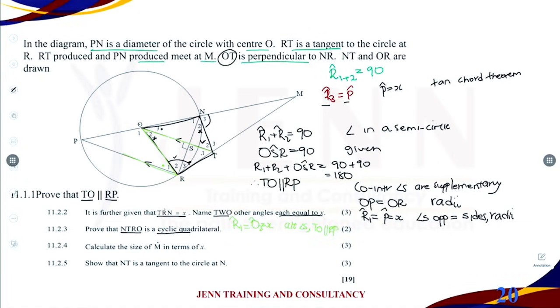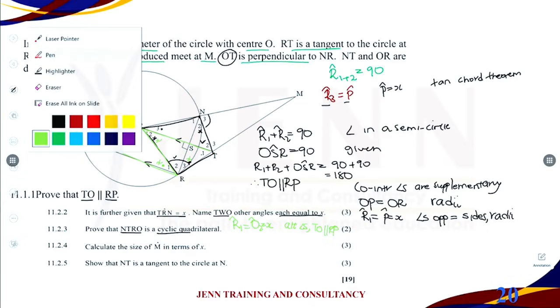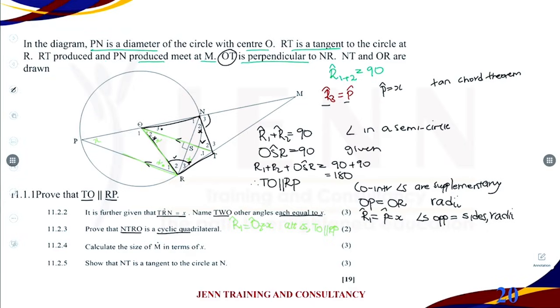Now you know that in terms of X, angle O2 is X, and angle R2 is also X. We also know that this angle is X. When I look into my diagram, I can see that in triangle POR, we mentioned that this side is equal to that side, so it is an isosceles triangle. However, we also mentioned that this is a straight line.